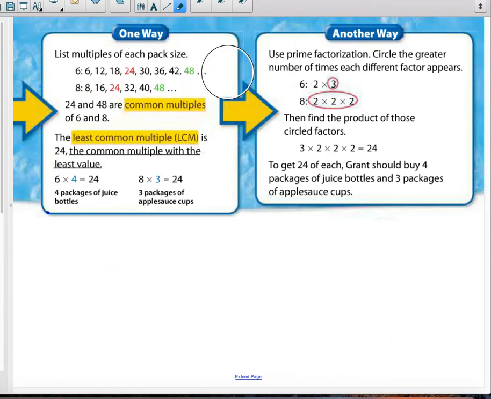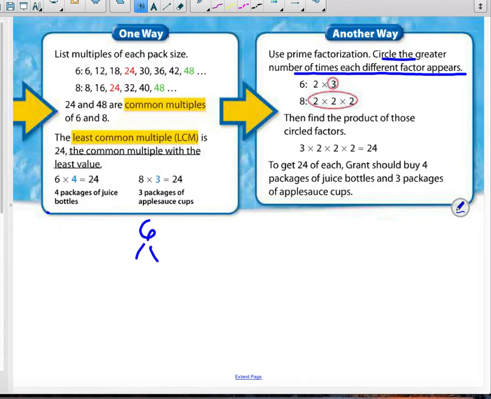If we use prime factorization, we circle the greater number of times each different factor appears. So if we make a factor tree for 6, we say 2 times 3 is 6, and our factor tree ends. For 8, we have 2 times 4 equals 8, and then we branch down 4, and 2 times 2 equals 4.